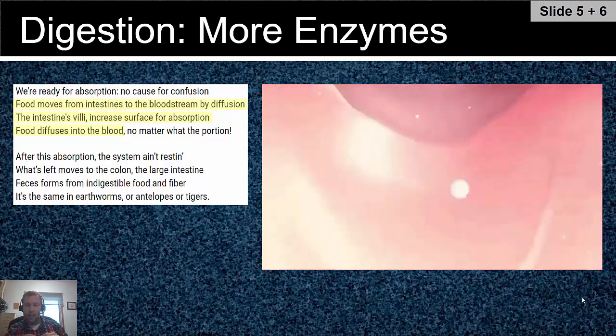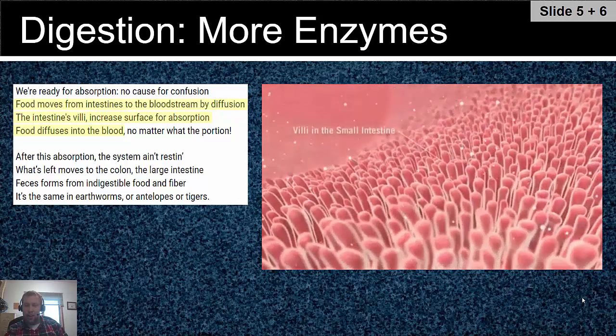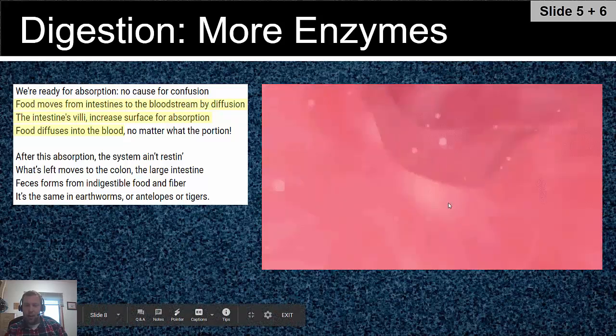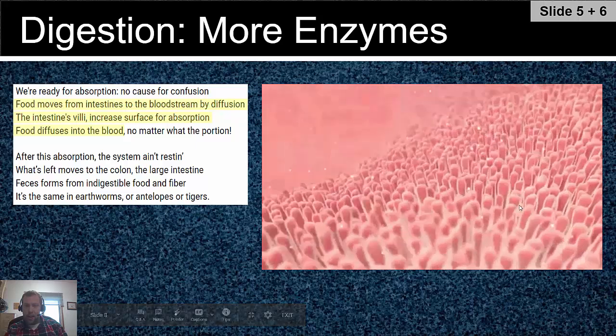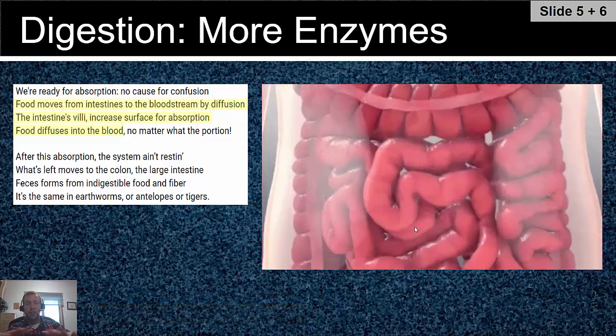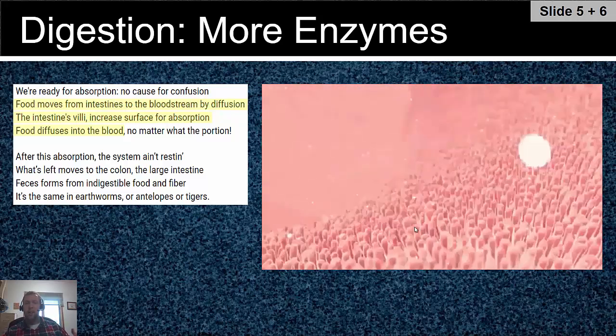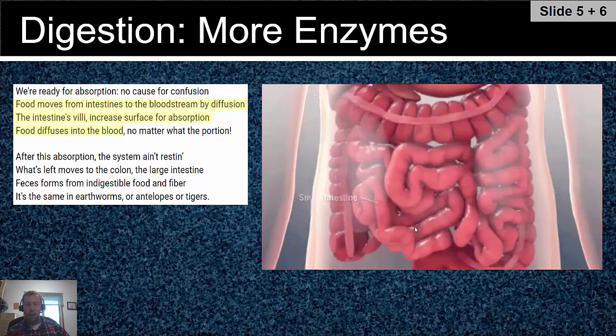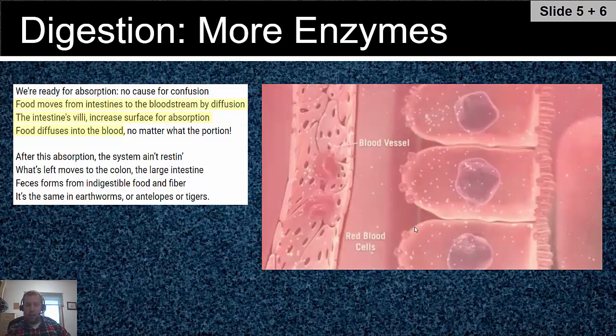So inside your small intestine, we have these things called villi. These villi, as you notice, are everywhere. They're very small, and they're littered all throughout your small intestine. What that does is it increases the surface area of your small intestine to an astronomical amount, and then it can do a lot of absorbing of these monomers.